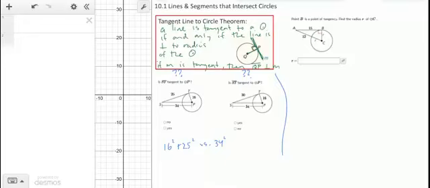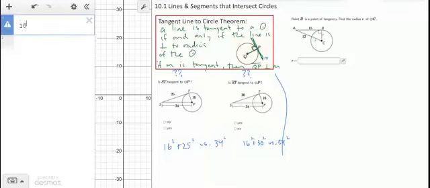Same with this second scenario. Take 16 squared plus 30 squared, the sum of the squares of the two shorter sides, and compare it to the square of that longer side, and just test to see. Does this relationship equal each other, where this is a right triangle?